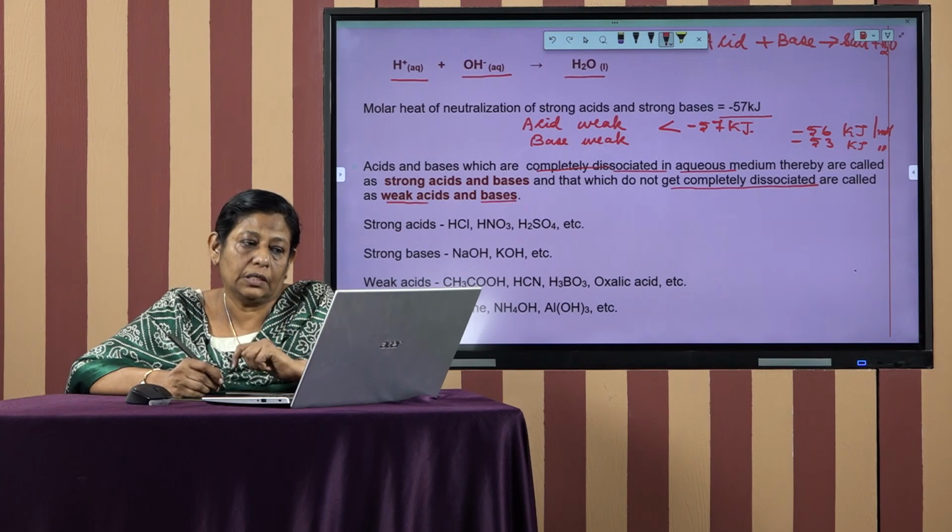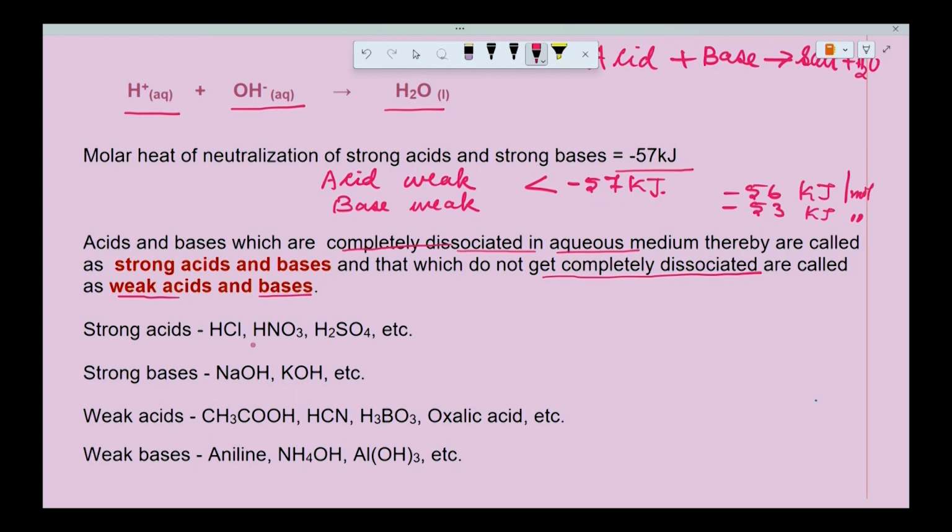Now, let us see some of the examples. Strong acids are, for example, HCl, nitric acid, sulfuric acid, etc. Strong bases: you can have both alkali metal and alkaline earth metal hydroxides, and some of the examples I have written are NaOH and KOH.